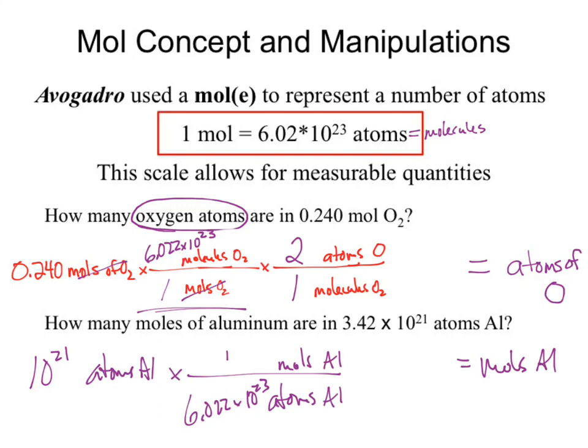Is 10 to the 46th even remotely close to 1? No. What does that mean? You did something wrong. If you're getting something that far off, usually it's a calculator mistake. Go back and try to re-enter it into the calculator. That quick estimation skill might even eliminate some answers. In fact, it very easily did on this exam, because I know people are making this mistake. So you have to do the math right.